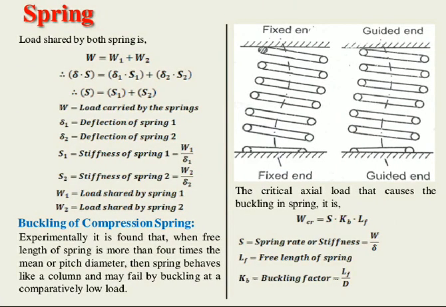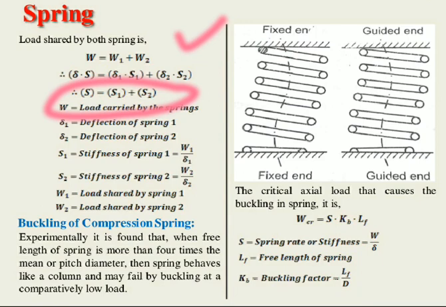Considering this point, the load shared by both springs is W equals W1 plus W2. That means in place of W we can write del into S equals del 1 into S1 plus del 2 into S2. Upon rearranging the equation, we get S equals S1 plus S2. So ultimately this is the equation when the springs are connected in parallel.